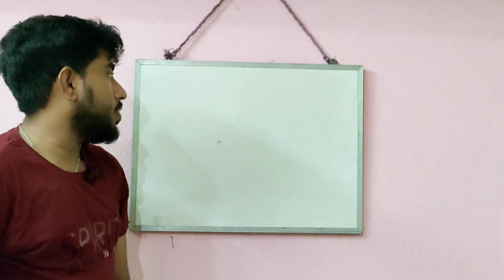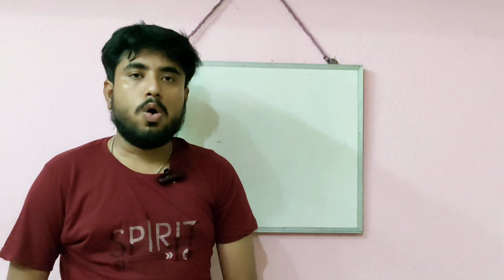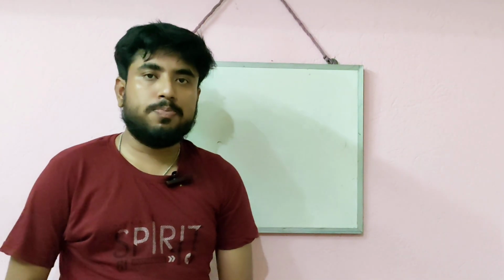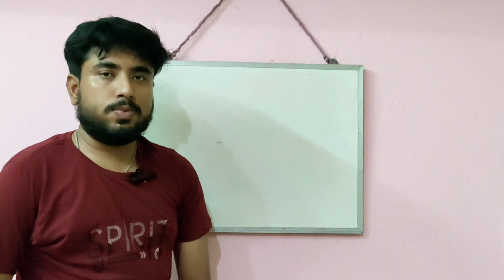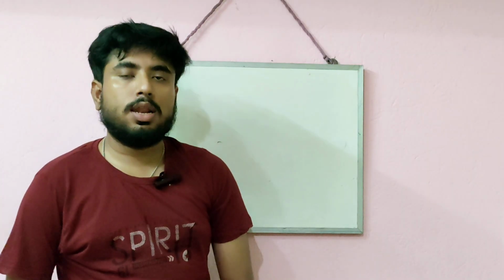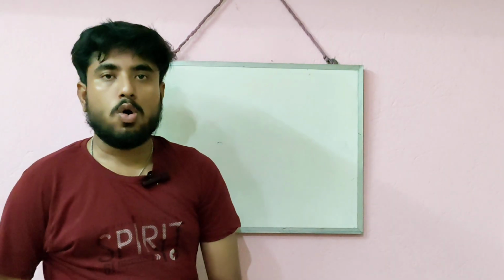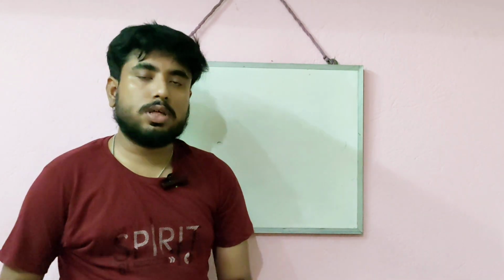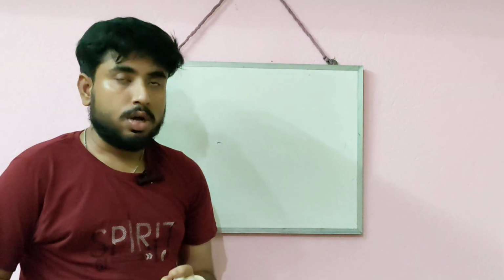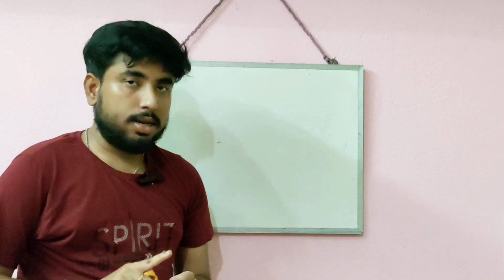So today I have described what is dose, what is the relationship between drug and response, what is response, what is drug plasma concentration, what is the relation between dose and response, what is the relationship between response and drug plasma concentration, and also the relationship between dose, plasma concentration and response.